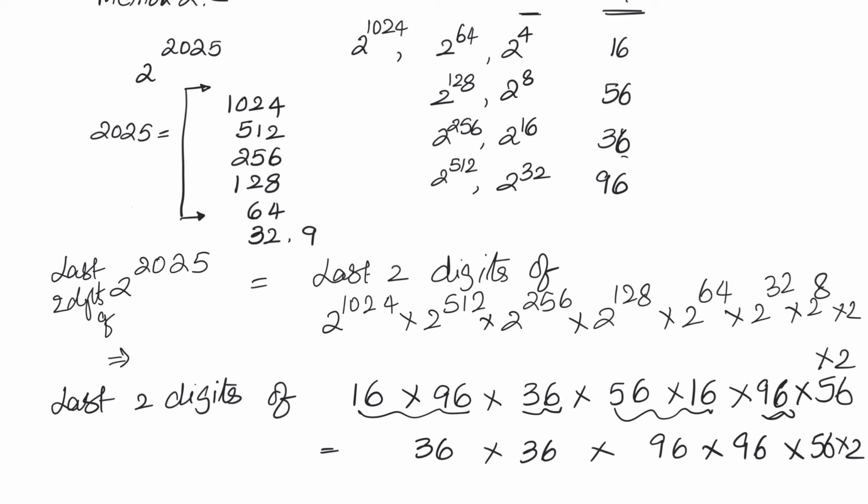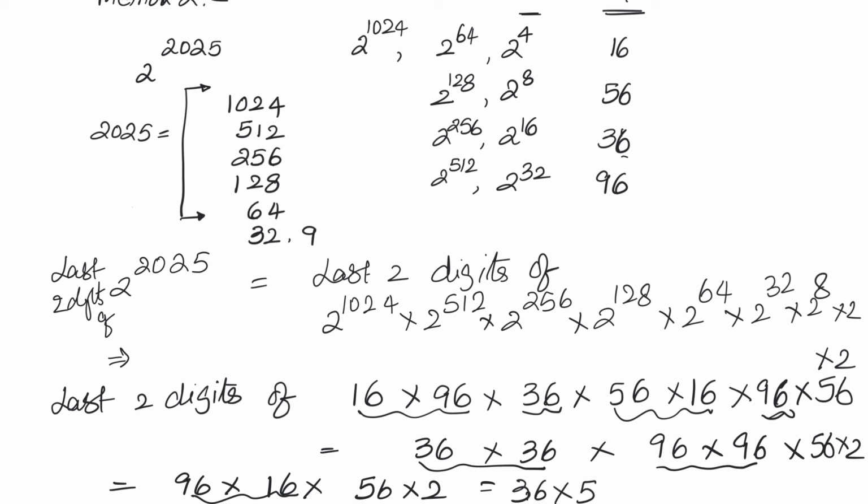Now 36 into 36, the last two digits will be 96. Similarly, 96 into 96, the last two digits will again be 16. That you have to multiply with 56 into 2. 96 into 16, we get 36 as last two digits, and that we multiply with the number having 56 as last two digits, multiplied with 2.